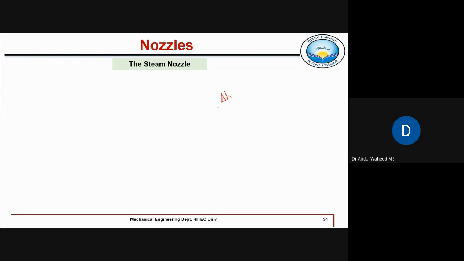So far, we have learned how to calculate this enthalpy drop, means from inlet to exit H1 minus H2. In case of steam, we use steam table or steam chart to calculate this enthalpy. But now there is one more equation also to calculate this enthalpy drop for a fluid flowing through the nozzle.